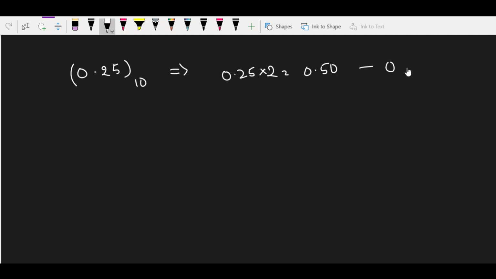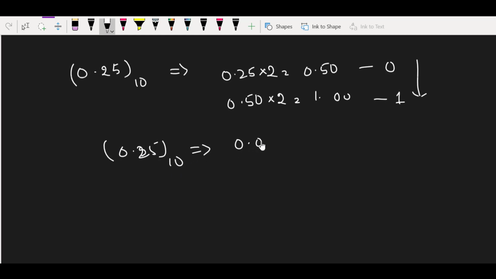Keep the 0, this is the integer part, and take the fraction as here. 0.50 into 2 will be 1.0. Now we got the integer one. Now you take from this one. So your 0.25 in the decimal number system is equivalent to 0.01 in the binary number system.